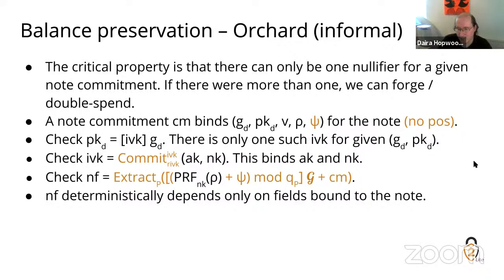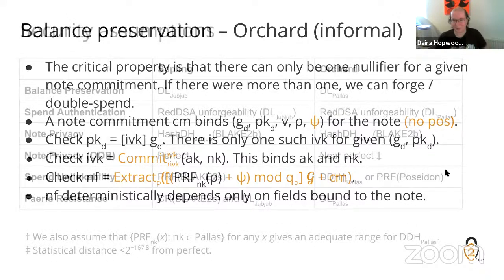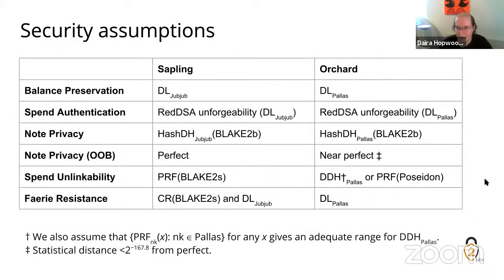So the security property that we're depending on here is that all this is deterministic and only depends on things we've proven there's only one of the commitment. So we know that there's only one NF, only one nullifier that can happen here. I'm slightly losing my voice here, but that's fine. Next slide. Okay, cool. So we've done balance preservation.